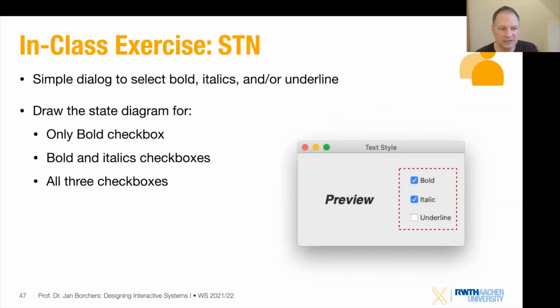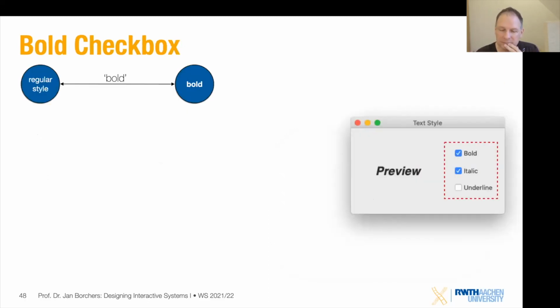All right, now let's add italics to that. So go ahead and what would you need to do to extend your STN to also include italics? Think about that for a second, and Aaron has an idea. Yeah, in this case, I guess we need 4 states. So the basic regular state that we had before, and then the bold case, the italic case, and the italic and bold case.